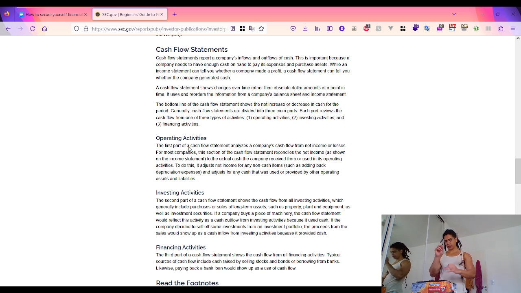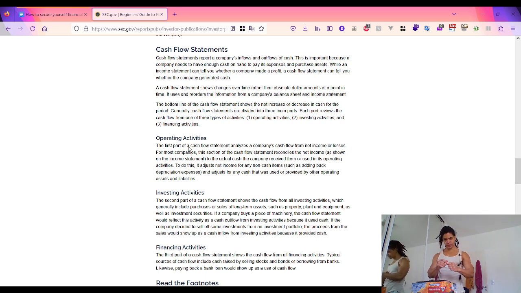The operating section first analyzes the net income from the income statement and reconciles it with the total cash that a company received from or used in its operating activities.